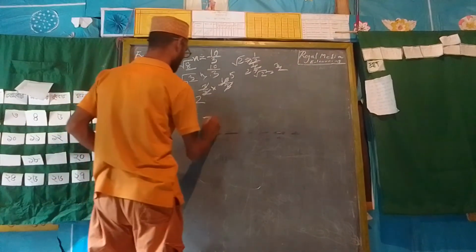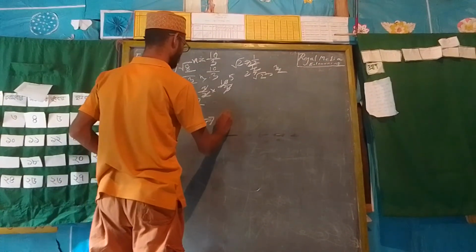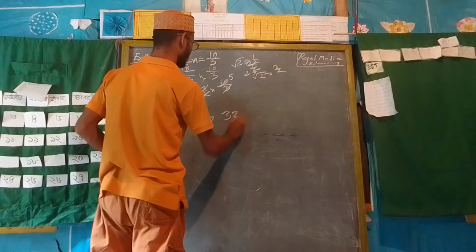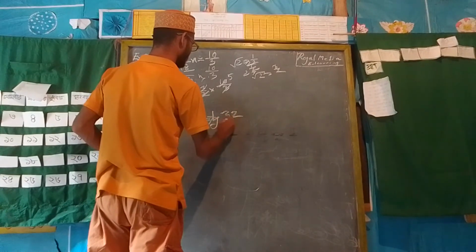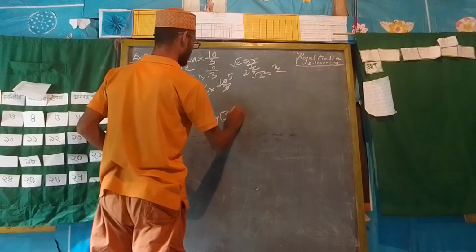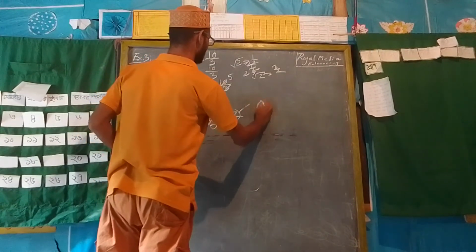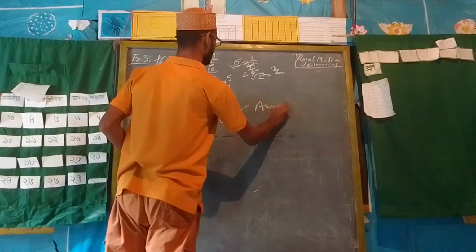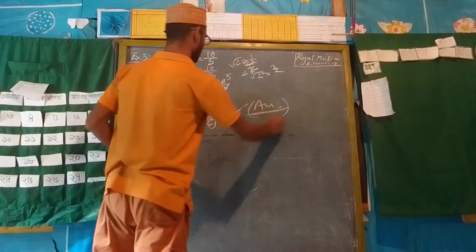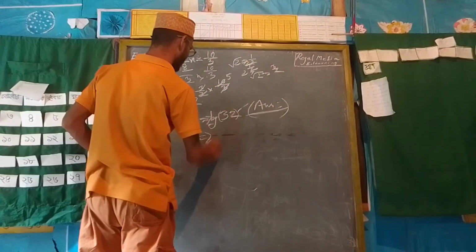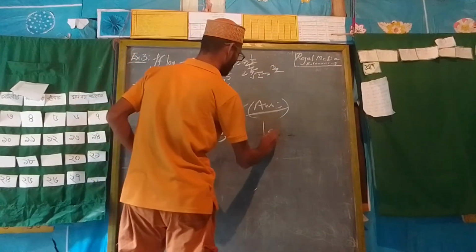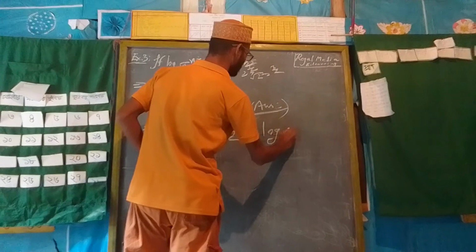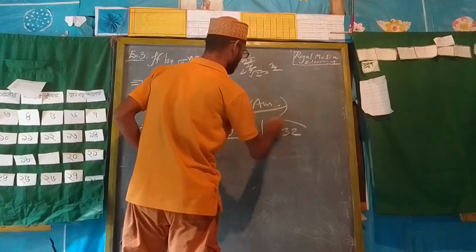That means 2 power 5 means 32. So only 32 is our answer for question number 3. For question number 3, our answer is 32 only, or log 32.